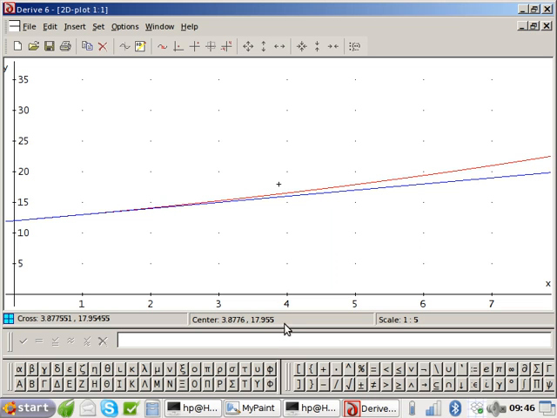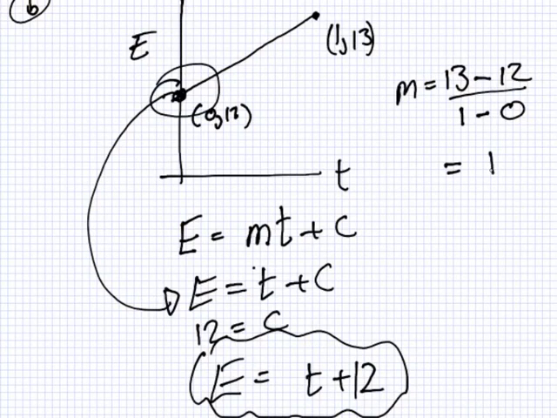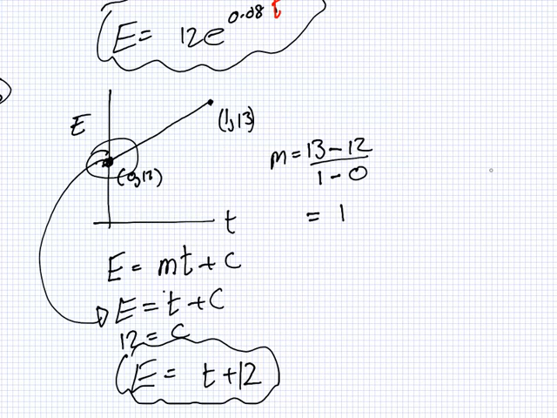What I want to know for the next part is what's the difference between the red and the blue line if you use them to calculate the energy after 2 years. They won't be the same, they'll be slightly different. And you can notice that after 7 years, the difference between the two formulas is bigger. So we'll put t equals 2 into that formula and t equals 2 into that formula, and then let's see what we get.